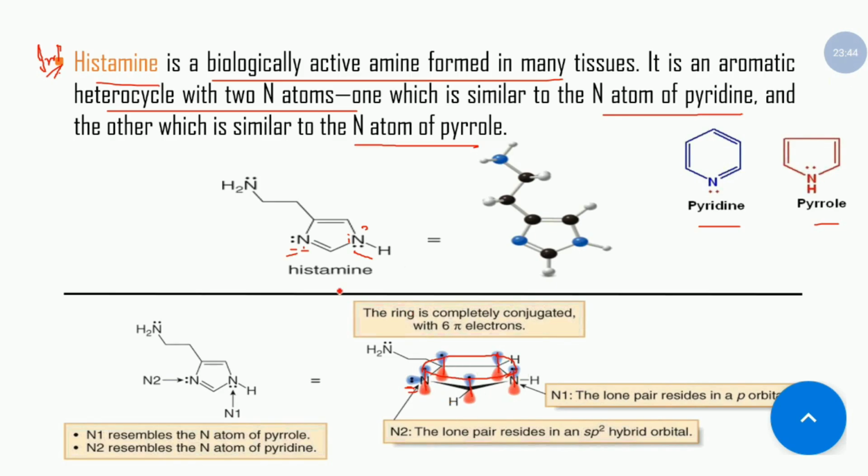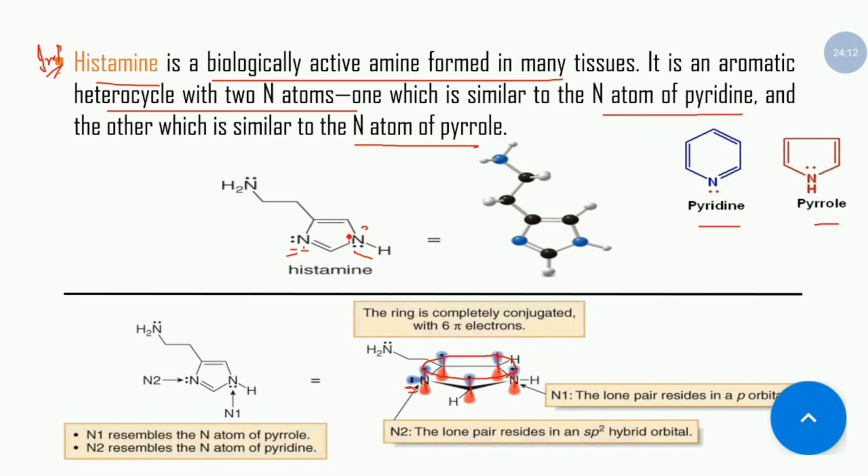So you can see that histamine also satisfies all the criteria to become an aromatic compound. It's a cyclic compound. It maintains the conjugation. Here a double bond is there, then a single bond, then the lone pair in conjugation, then a single bond, then again a double bond, then again a single bond. It is a cyclic compound that maintains conjugation, and it is planar.